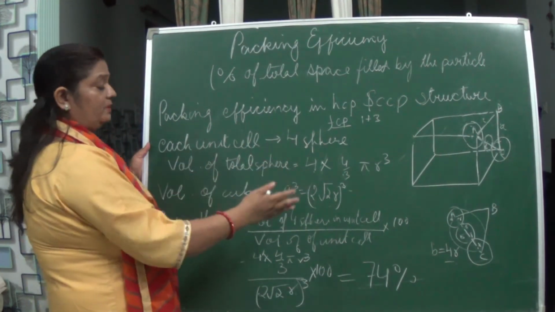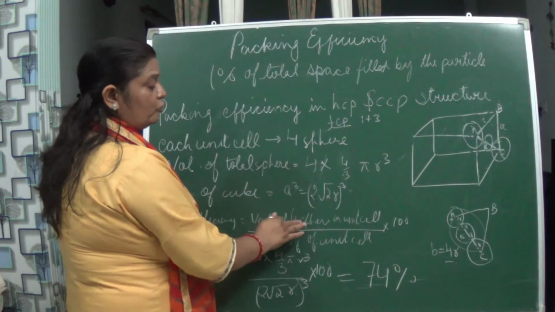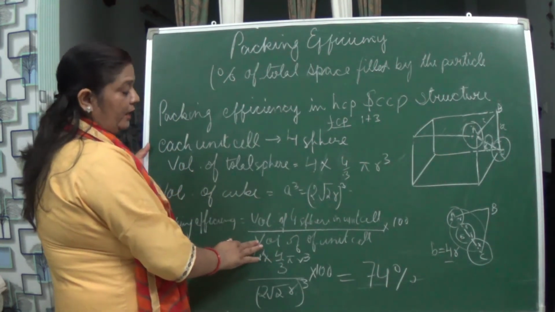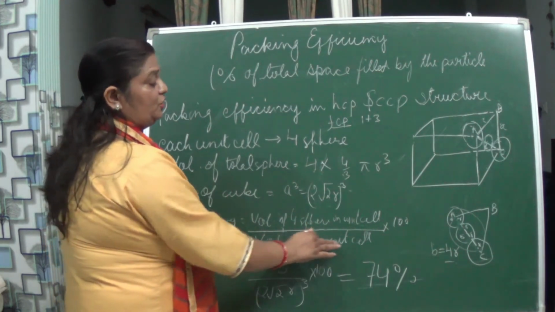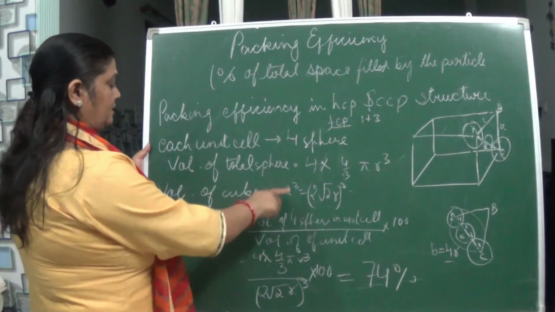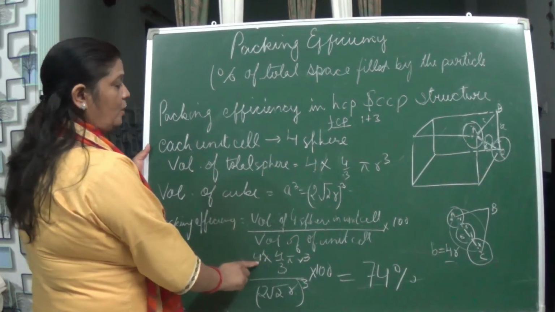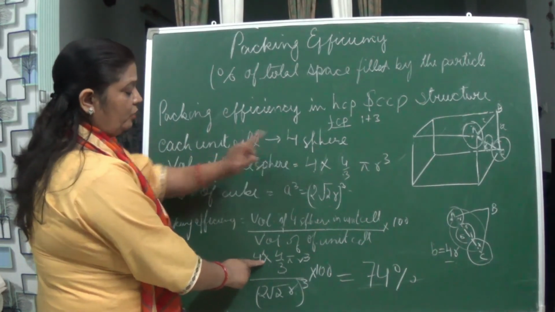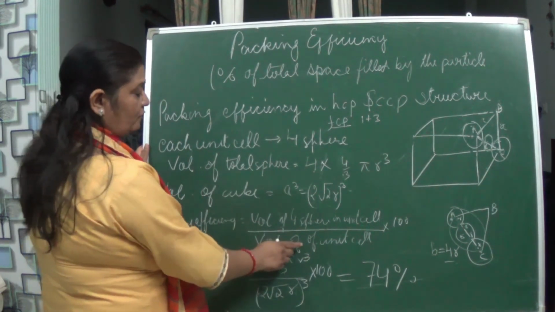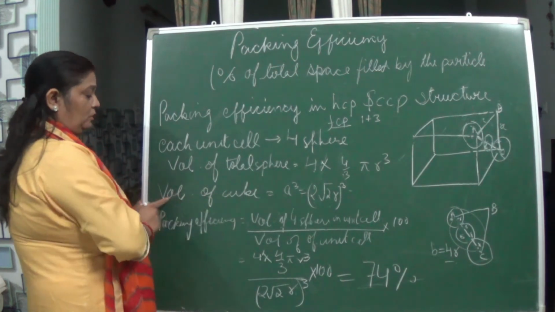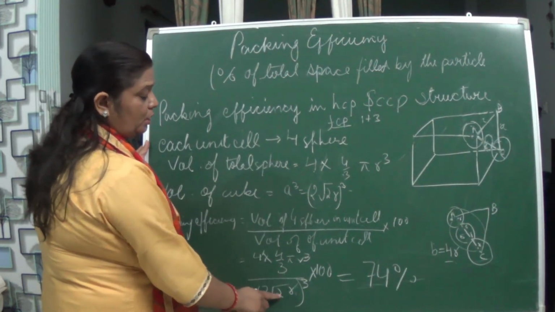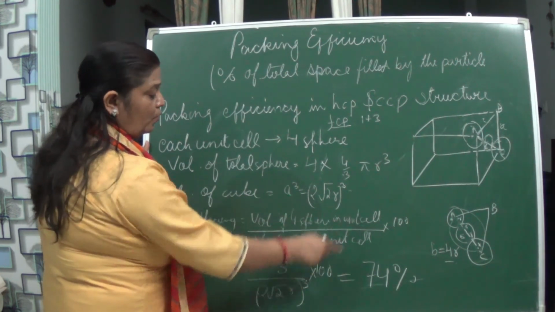So we write: volume of 4 spheres in the unit cell upon volume of the unit cell, into 100. The volume of the 4 spheres is 4 into 4 upon 3 pi r cube, divided by the volume of the unit cell, a cube, which is written as 2 root 2 r whole cube, into 100.